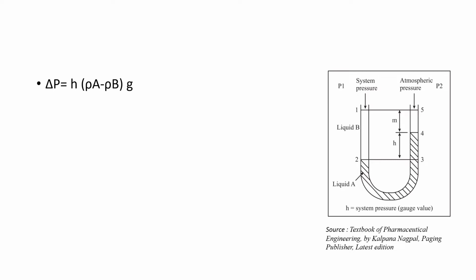As shown in the diagram, there are two liquids or fluids, liquid A and liquid B. So the difference in the density between them will be considered as rho A minus rho B. Here the second phase can be air. So h is the difference in the level of the two liquids in left and right hand arm, rho A minus rho B is the difference in densities of the two liquids, and g is the acceleration due to gravity.